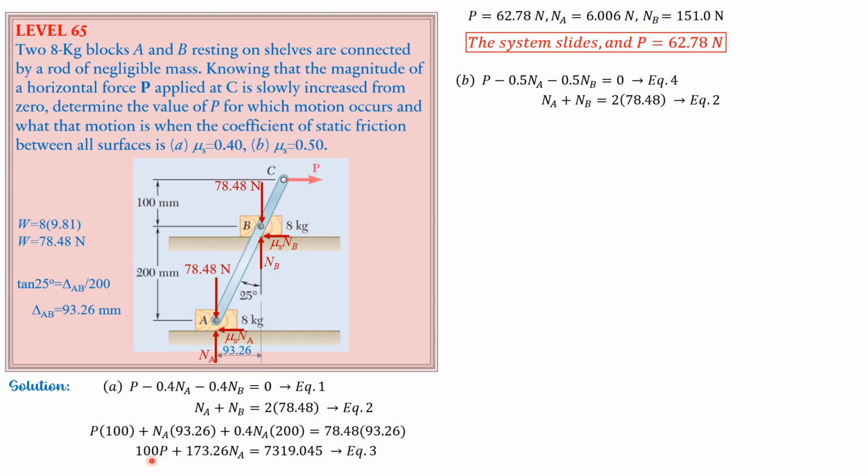In the third equation, we just replace this by 0.5 NA. So P times 100 plus NA times 93.26 plus 0.5 NA times 200 equals 78.48 times 93.26.